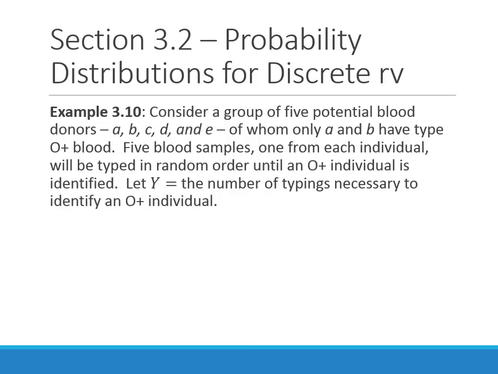We have a blood sample from each of these people, and we're just going to list these blood samples in a random order until we get an O positive individual identified. And we're going to let Y equal the number of typings, or the number of randomly selected people, until we get somebody who has O positive blood.